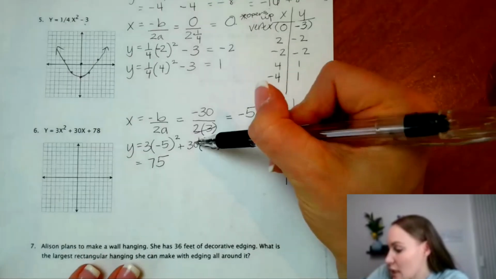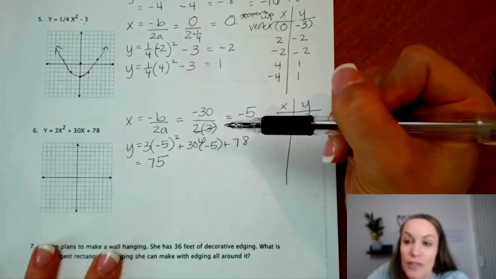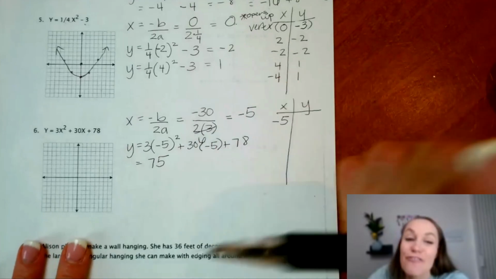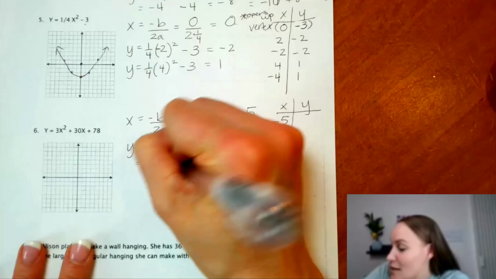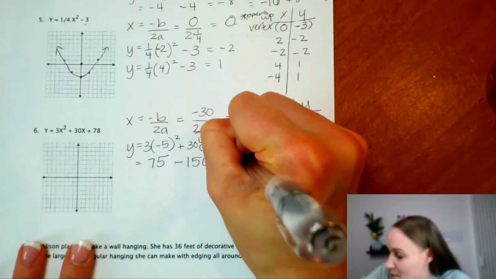Then I have 30 times 5. 3 times 5 is 15, so add a 0, that's 150. Positive times a negative, that's negative. So negative 150 plus 78.